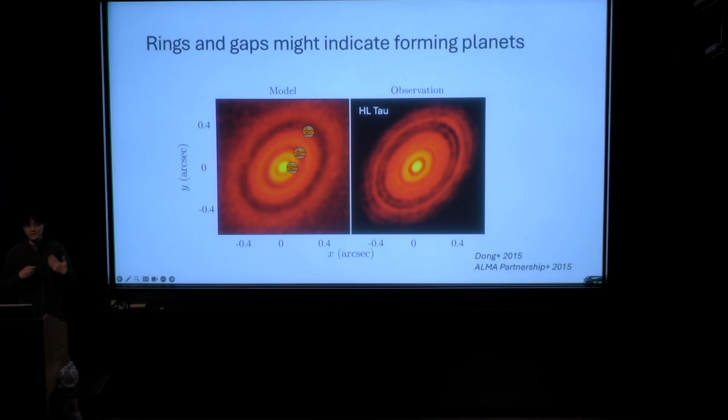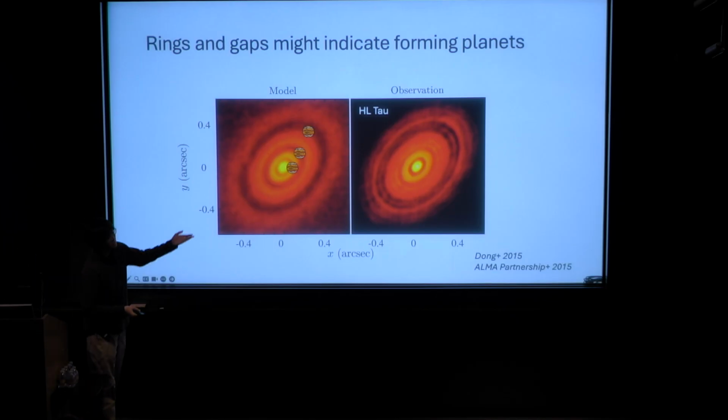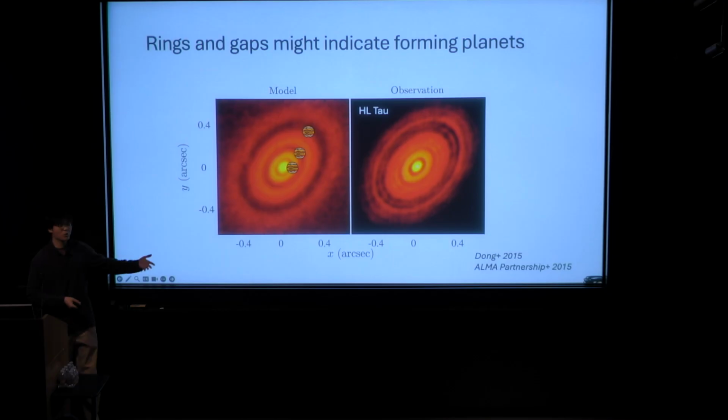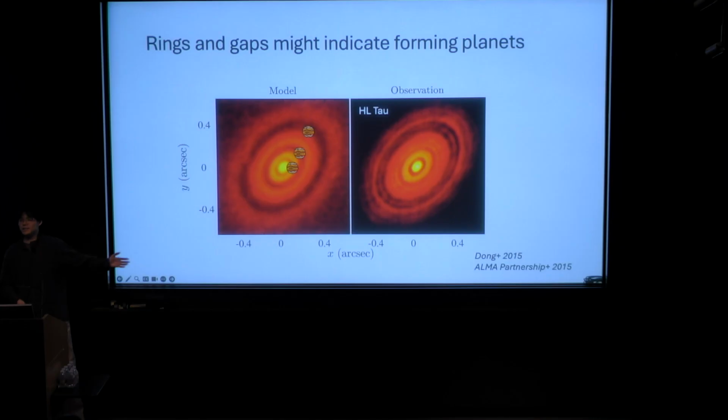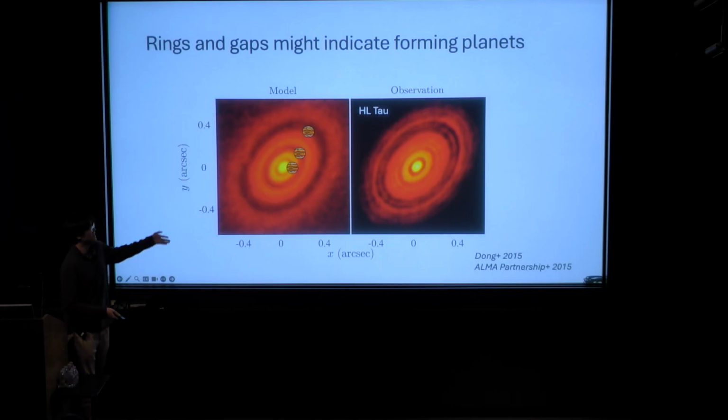It will gradually clear up a gap at its orbit by pushing material away from it, as well as accreting some of it. For example, in the case of HL Tau, the famous disk where we see many rings and gaps, people think we can put 3 planets into it, run your best hydro simulations, and produce a synthetic image very similar to the observation.